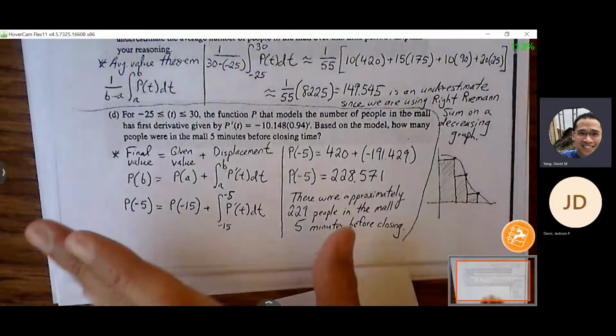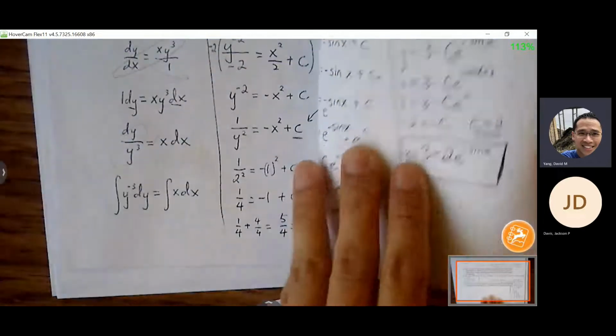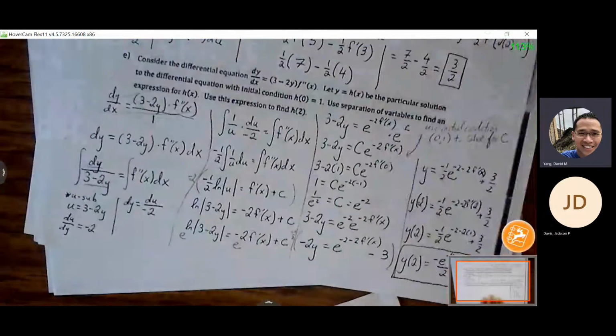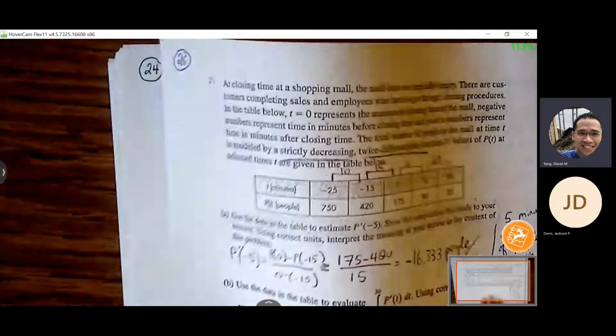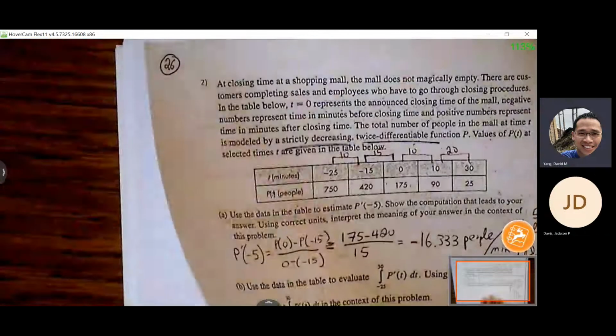All right, since we have additional time, why don't we go back? I don't know if you've done this already, but we can go back and do pages 23 and 24, since that was your homework but I didn't get to do this in class.